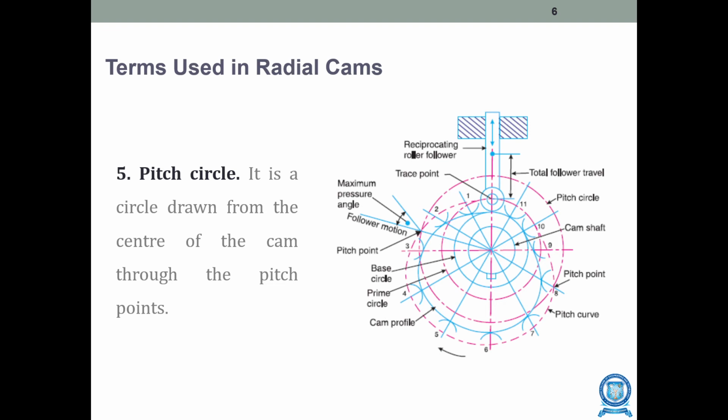The pitch point corresponds to the point of maximum pressure angle, so a circle from the center of the cam through the pitch points, when you plot it, we get as a circle. That we call your pitch circle. This is a very important terminology used in cams.